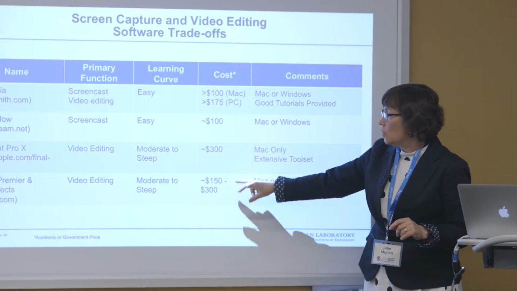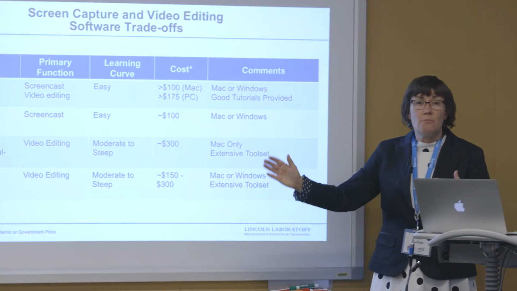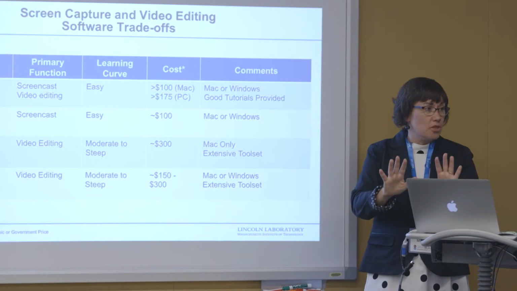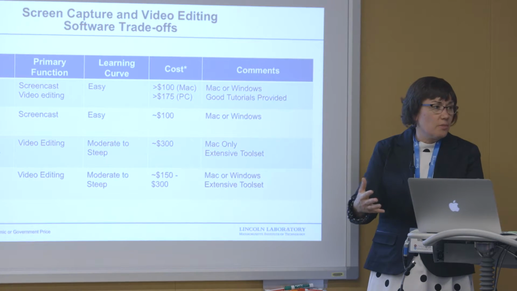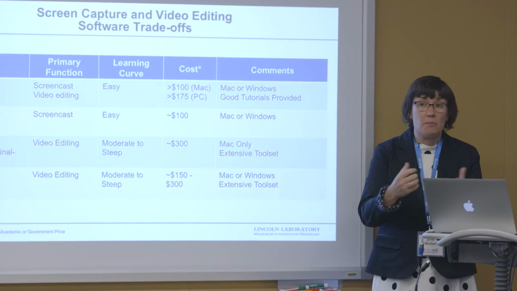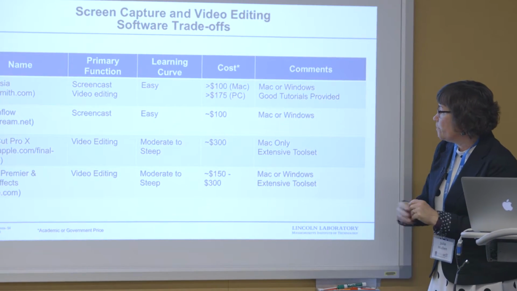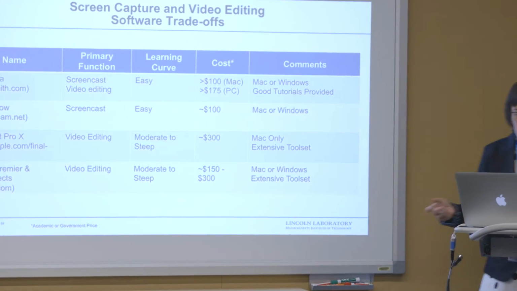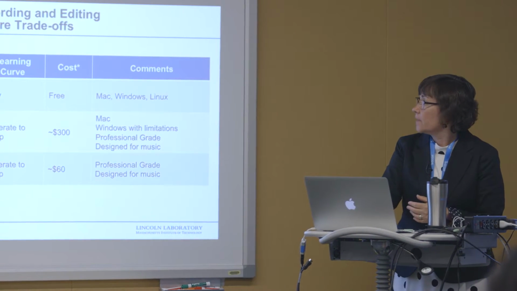You have other tools that have moderate to steep learning curves. Moderate to learn it, to use it in some basic fashion, which is what I do. Fairly steep to become a professional. I mean, that's why they are for professionals. And then I have the list there as to which systems they work for.